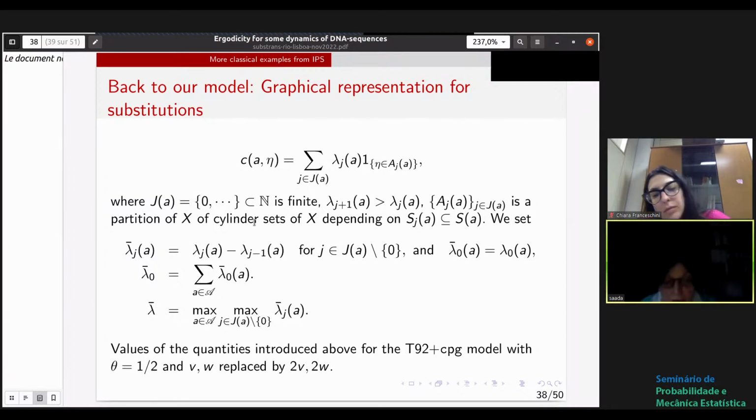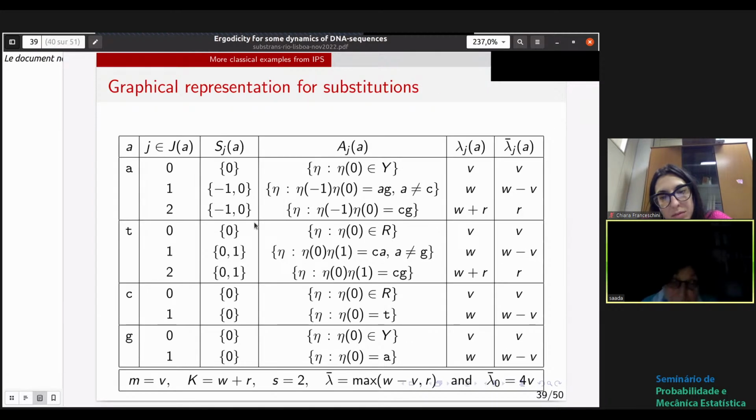So I wanted to show what it gives for a simple model, the T92 plus CPG. So you see, for instance, to become A, there are three cases. Either eta 0 is in Y and it's the rate V, or eta it is G and it wants to become A, and there is on -1 something which is not C, and then the rate is W, or on -1 we have C and the rate is W plus R. So you see that this partition AG of A is just the three sets here corresponding to the three possible values.